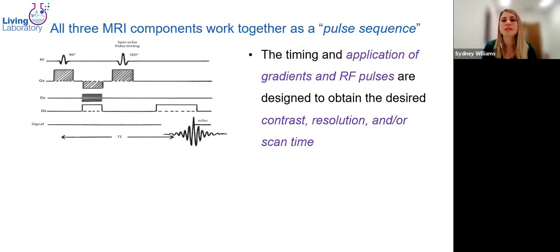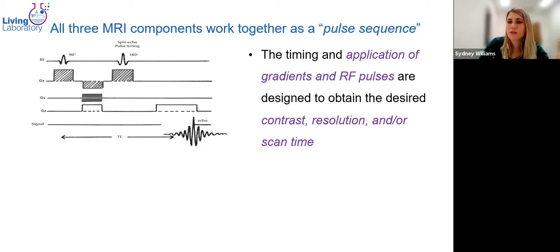It might look a little bit confusing, but what it's doing is telling us how we time and apply our gradients and our RF pulses in such a way that we create our signal. Here it's shown as what's called an echo that produces the meaningful contrast or resolution that we're looking for. The timing of this also tells us a little bit how long that particular MRI scan time is going to be.